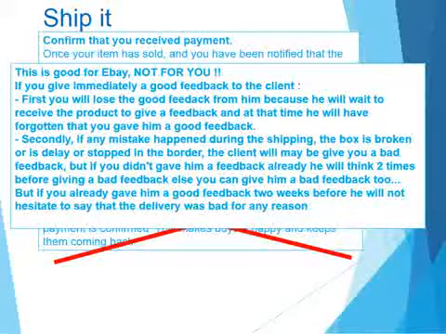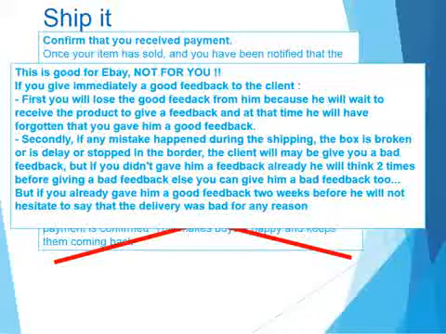And the second thing, which is even more important, is that on eBay, positive feedback is good, but negative feedback is extremely bad. You should really not have any negative feedback. Avoid negative feedback absolutely. And when you're in China and sending a product to Europe or the United States, you never know the delivery time, for example.